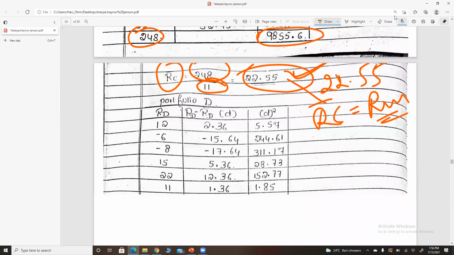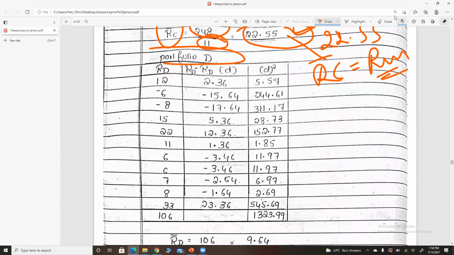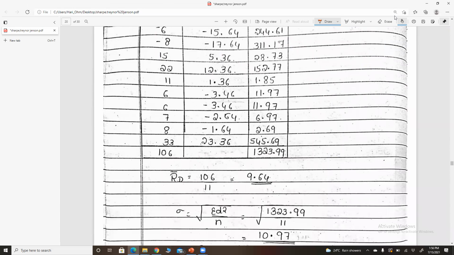Next, you need to calculate the same way for portfolio D, RD minus R bar D. How do you calculate R bar D?